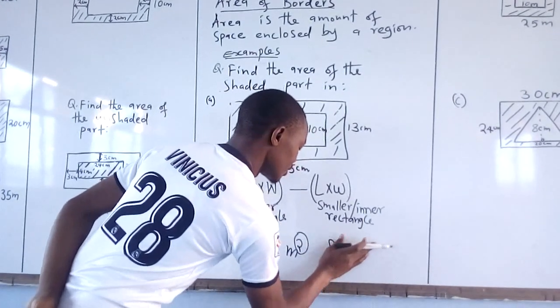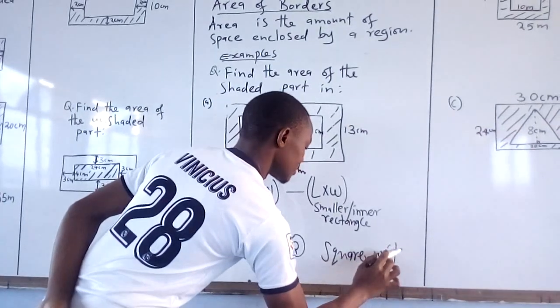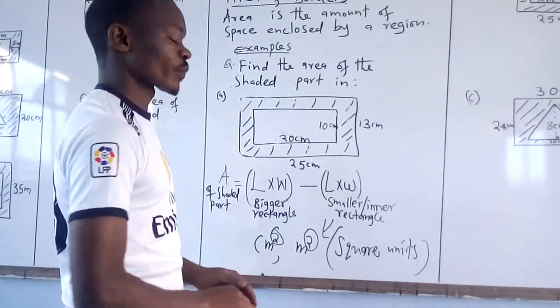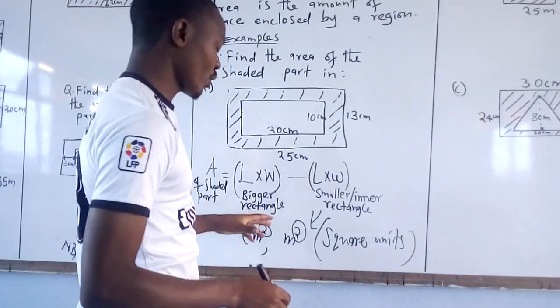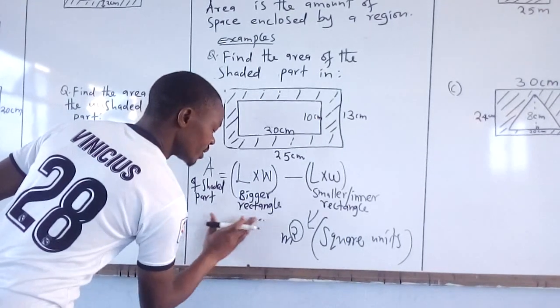So area is measured in square units. You have to be very keen on the units that you've been given.